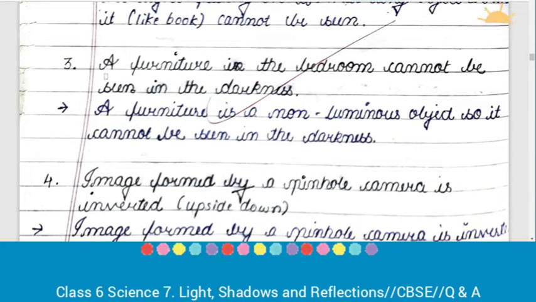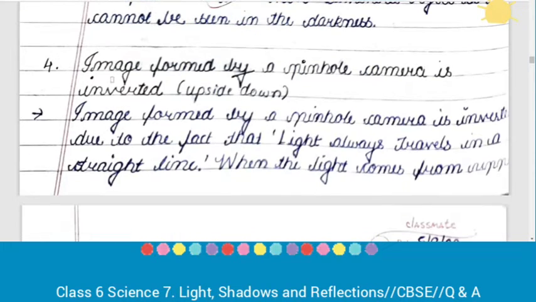Third one, furniture in the bedroom cannot be seen in the darkness. Answer. Furniture is a non-luminous object, so it cannot be seen in the darkness. Fourth, image formed by a pinhole camera is inverted. Answer.